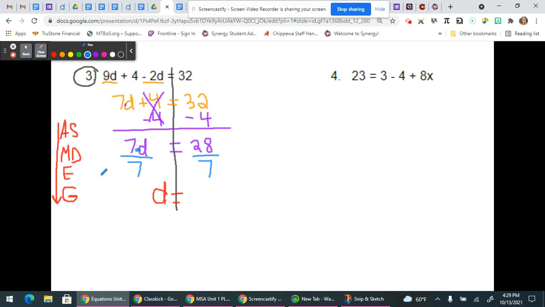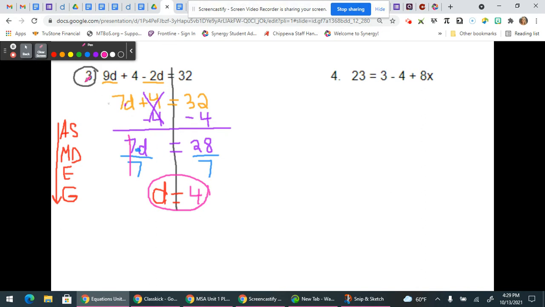And now we can go ahead and do a little bit of simplifying. 7 divided by 7 is 1, which is 1d or just d. That is equal to 28 divided by 7, which equals 4. Okay, so that one turned out to be a nice whole number. We could plug that in to make sure it's working. And we have solved our third one.